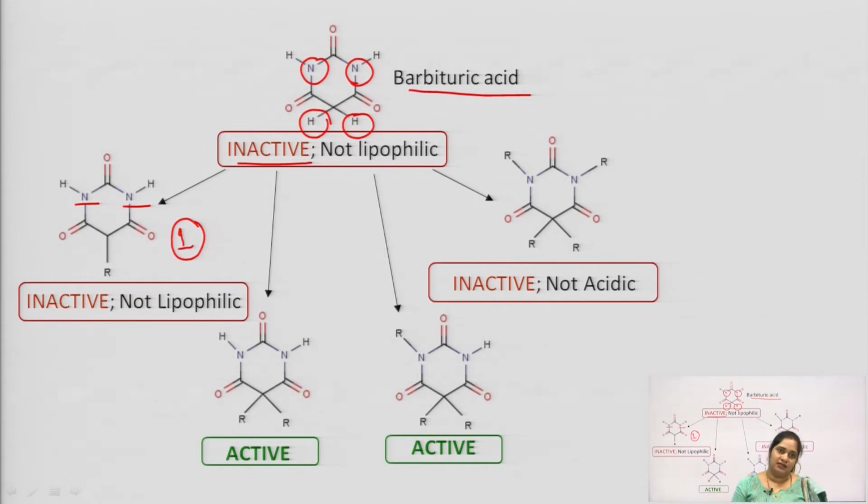Unsubstituted means that it is 100% surely an acidic compound, but when we check the lipophilicity, it fails. It is not lipophilic because both of the hydrogens must be substituted. Here only one substitution means it contains one hydrogen atom. So, it is not lipophilic and not active in case of hypnotic activity.